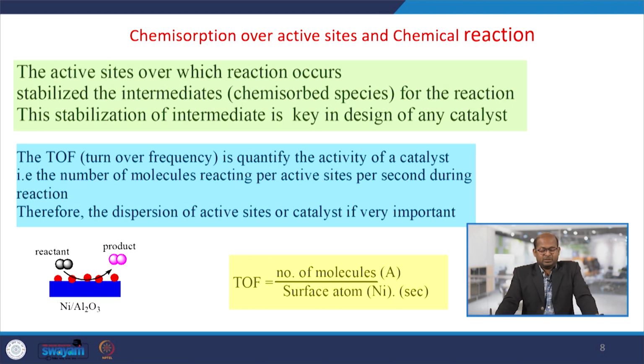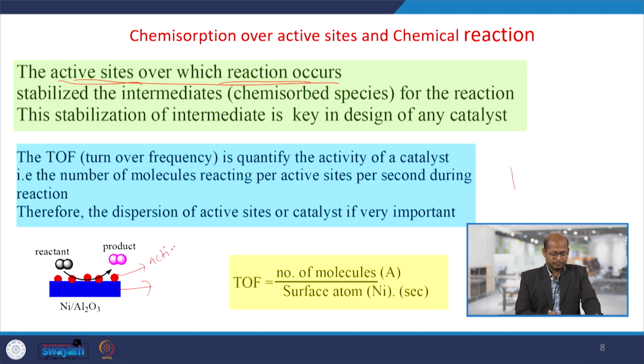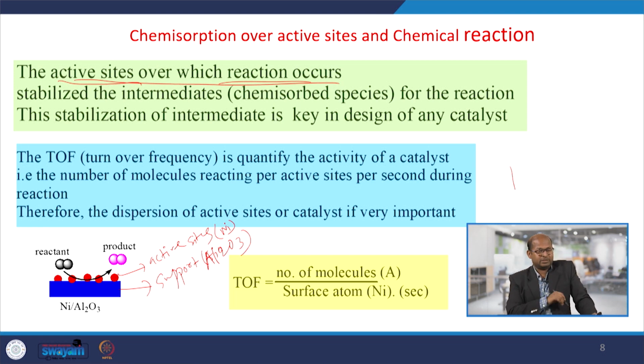What happens over the surface of the catalyst are the active sites over which the reactions occur. Here you can see this is the support and this is the active site. The support materials are SiO2 or Al2O3, and the active site is nickel.